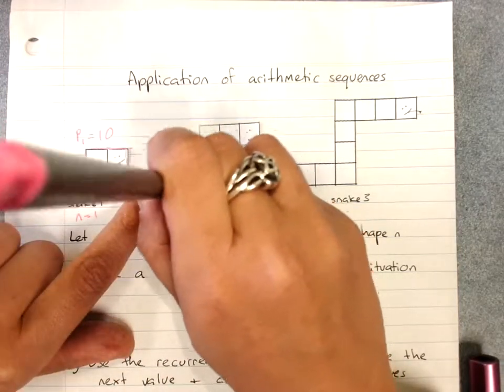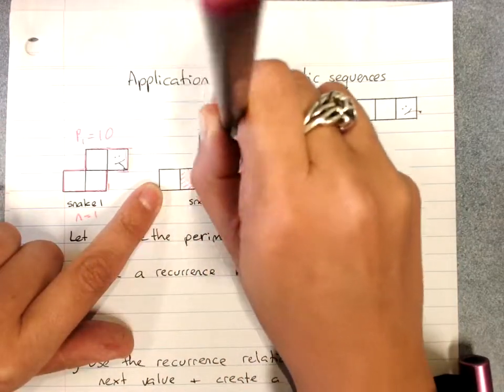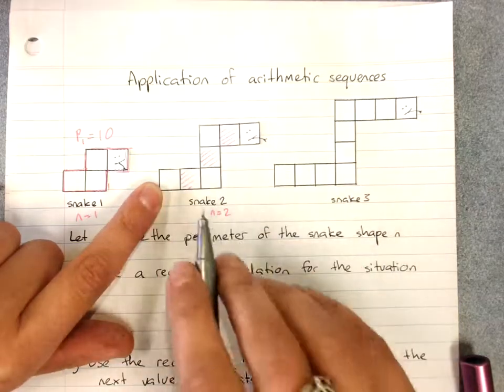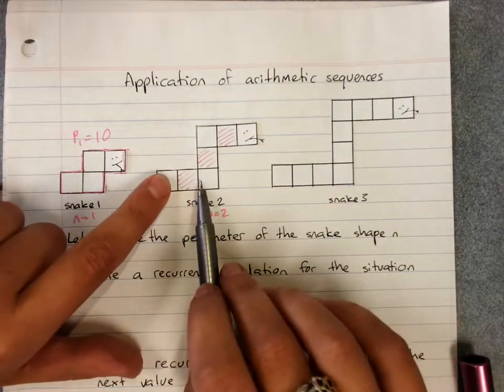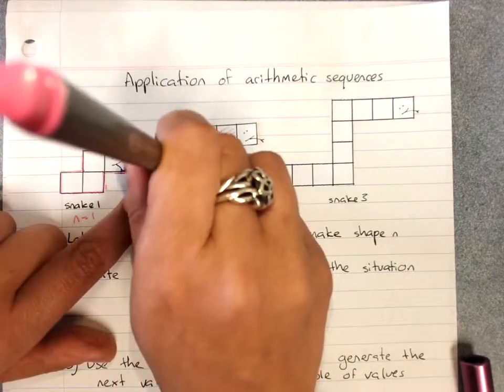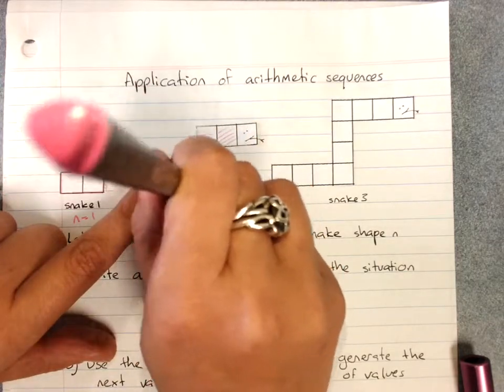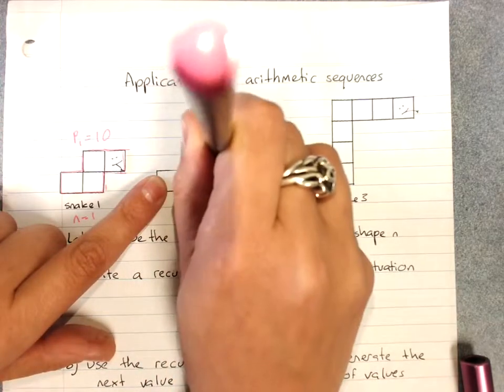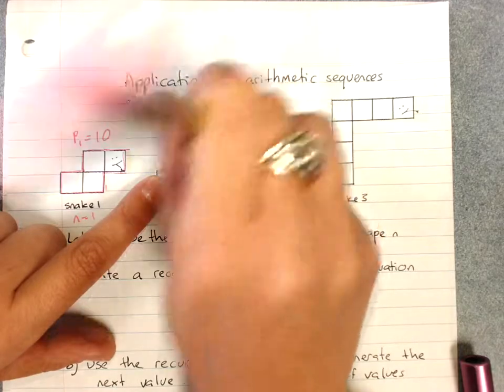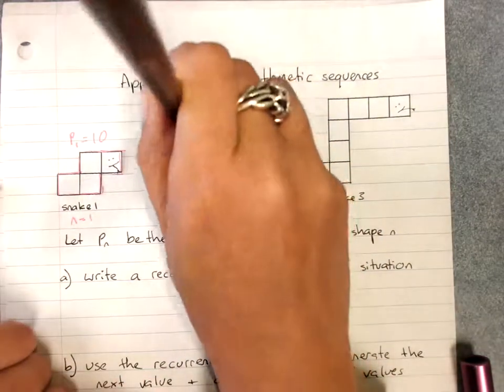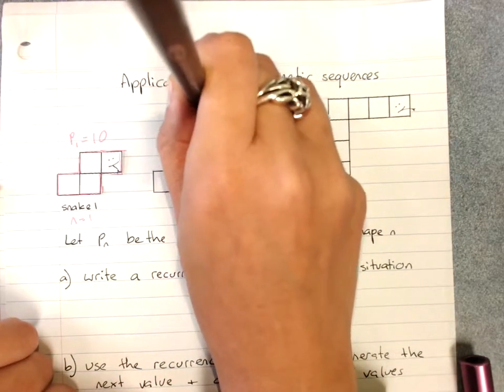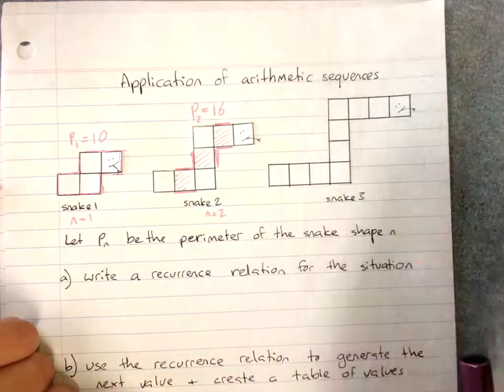So this is a new tile, this is a new tile, and this is a new tile. And to that perimeter has been added 1, 2, 3, 4, 5, 6 units. So my perimeter here, perimeter 2, is 16.